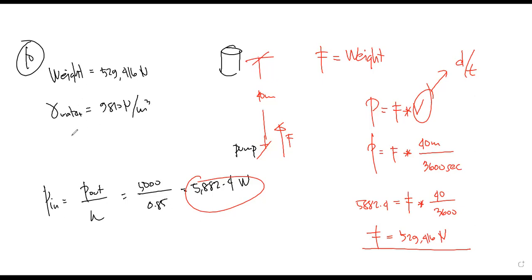To calculate for the volume, volume is equivalent to weight divided by specific weight. So that is 529,416 Newton divided by 9,810 Newton per cubic meter.